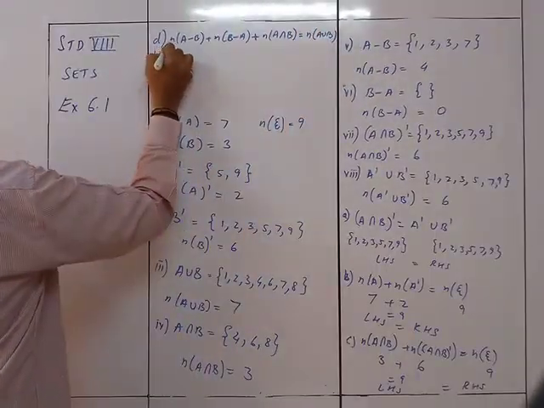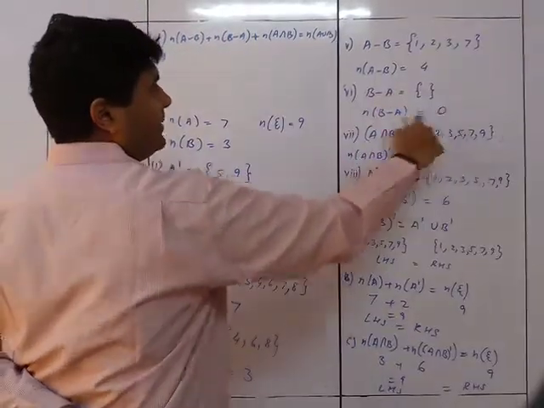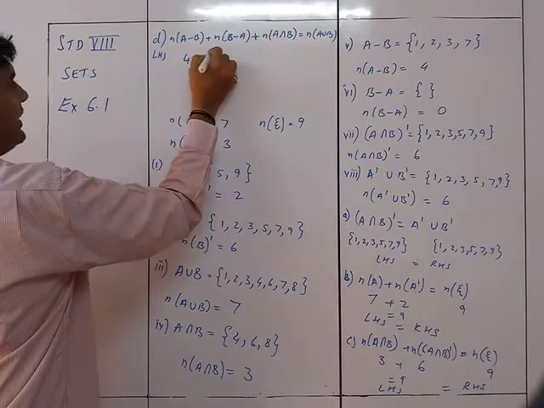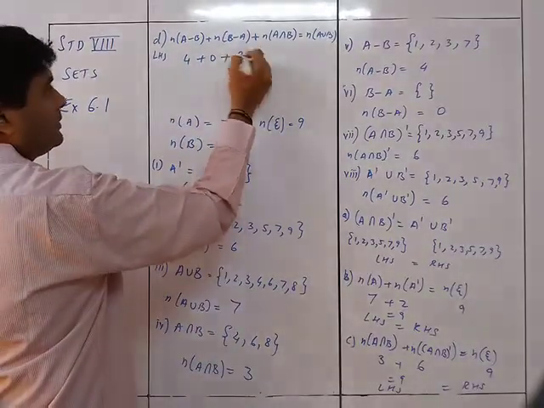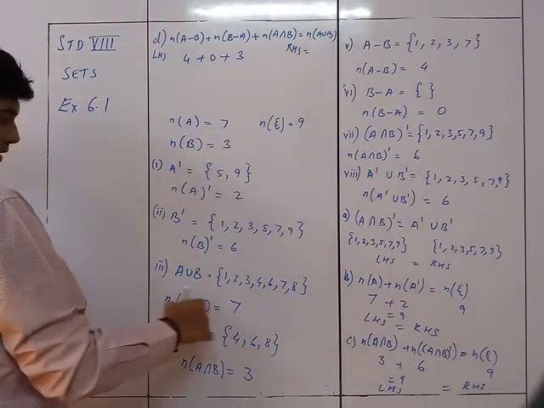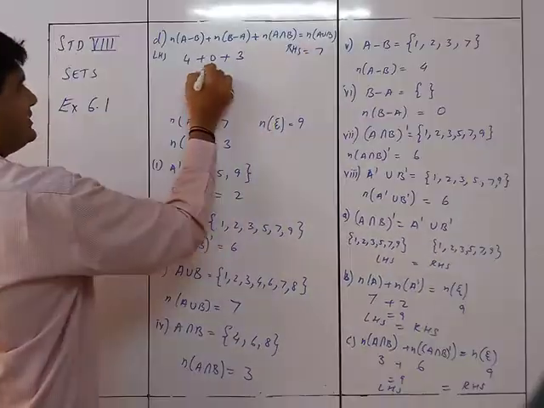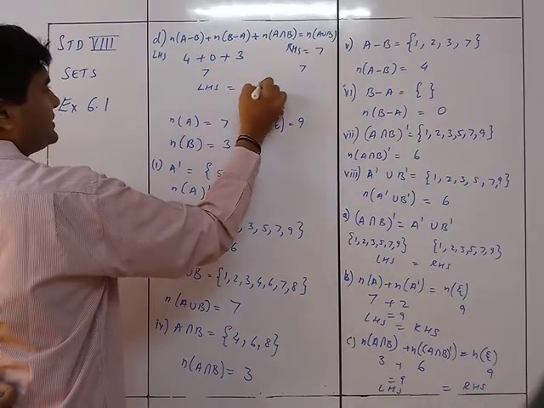LHS is n(A minus B), which is 4, plus n(B minus A), which is 0, plus n(A intersection B), which is 3. Whereas RHS is n(A union B), which is 7. So here it is 7 and 7. So LHS is equal to RHS.